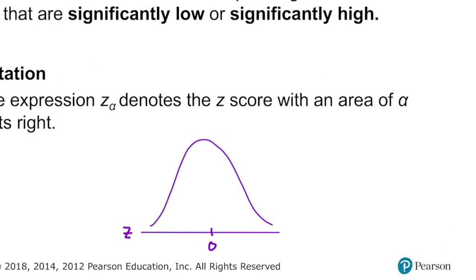If you want to locate z of alpha, this alpha is normally 0.05 or 0.025 or a very small decimal. This alpha is going to be the area on the right. So it really depends on how small alpha is in order for me to locate my z. So if z alpha is right here, then this area is alpha.